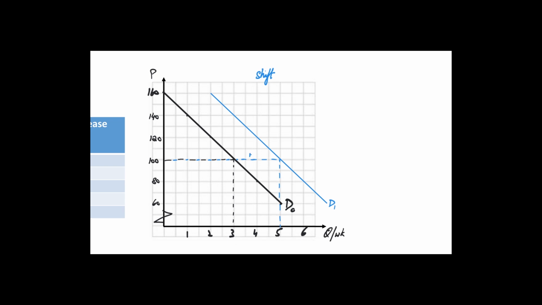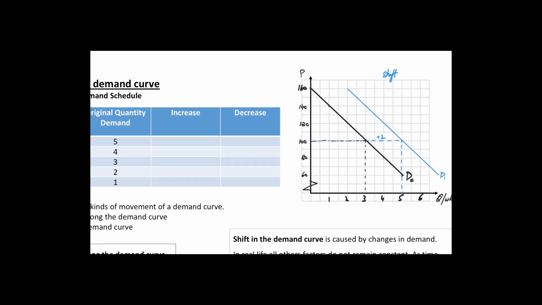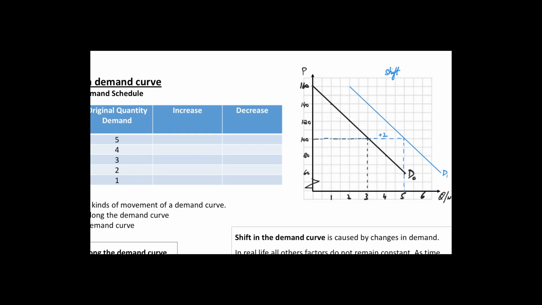So there has been an increase by 2 units. Now, since I've made a parallel shift at every price level, at 140 I was buying 1. Now at the same price of 140, now I'm willing to buy 3. Again, it shows the same increase by 2. So if I was to give numbers, the demand curve has increased, and it is increased by 2.